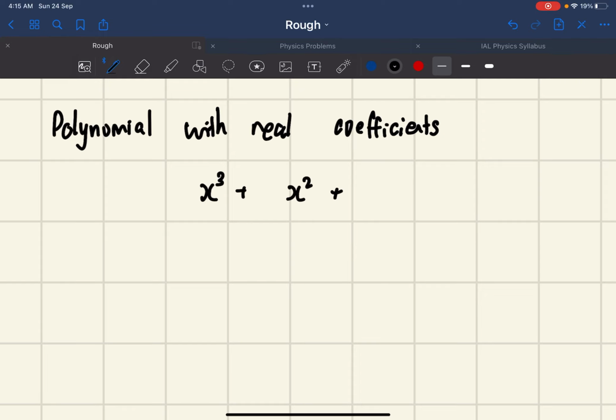So for example, this is possible. This is a polynomial with real coefficients. All these numbers are real and it's a polynomial.